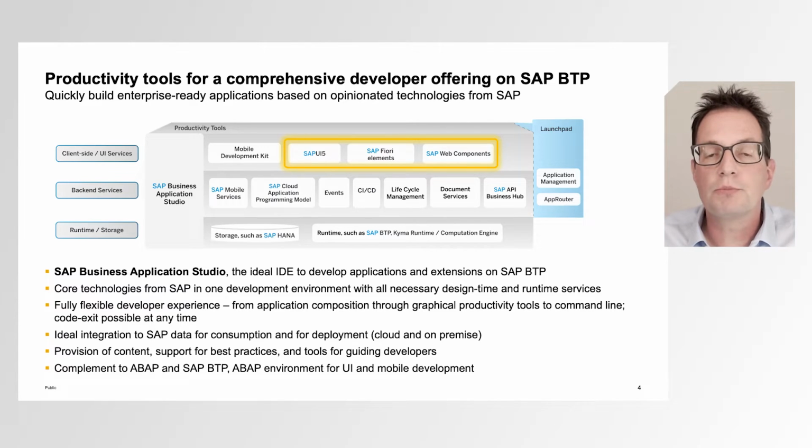From bottom to top in this picture, we can see runtime and storage, for example, SAP HANA. We see backend services, for example, the Cloud Application Programming Model CAP. And we see the UI technology layer, where are highlighted SAP UI5, SAP Fiori Elements, the pattern-based way of generating UI, and web components to work with any technology stack.